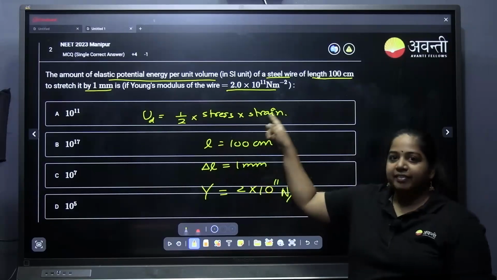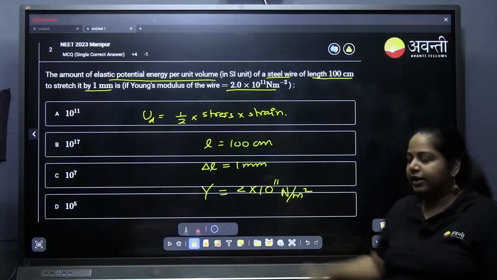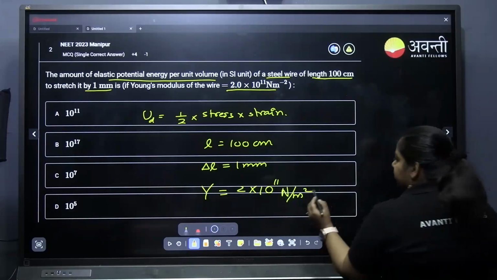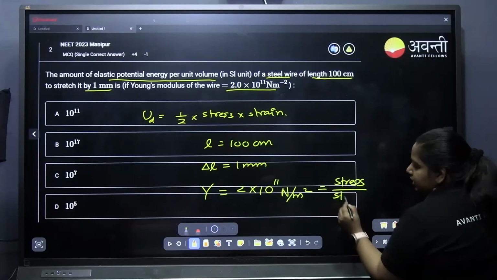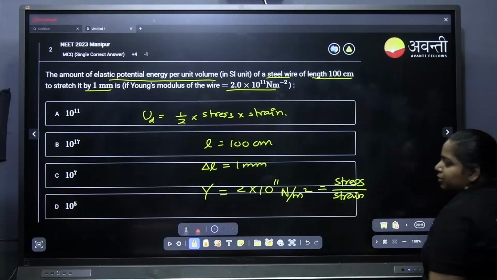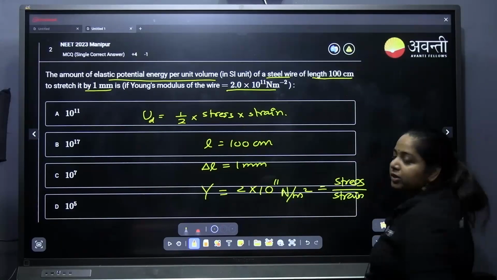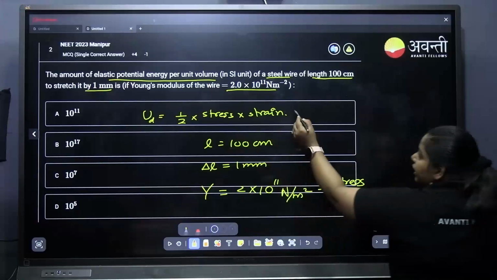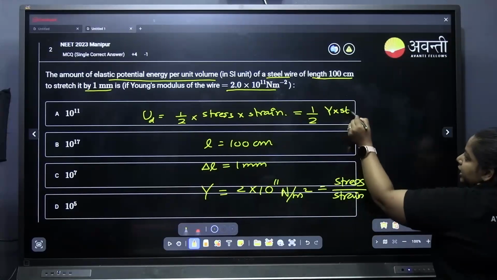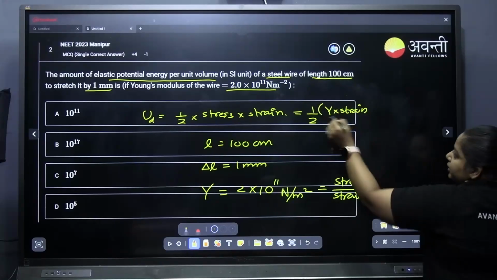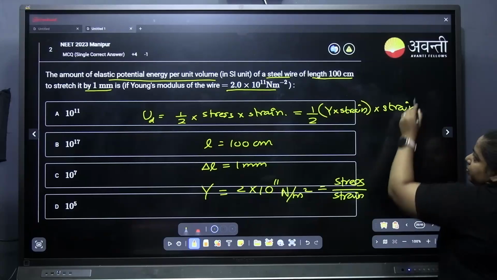From delta L and L we can find strain, but stress we cannot find, and nothing is given. But Y equal to stress by strain, which means if you want to find stress, that is equal to Y into strain. So we can substitute it as Y into strain, that will be stress, again multiplied by strain.